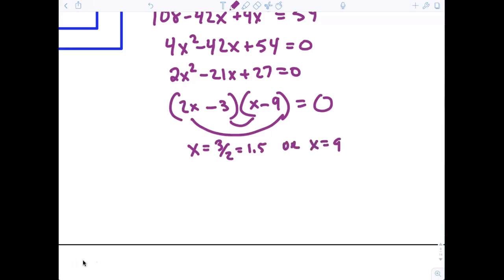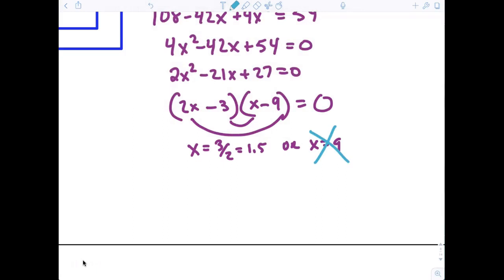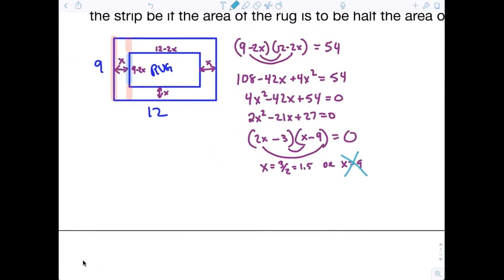Now you have to look up and tell me that this right here is an extraneous solution. How do I know it's an extraneous solution? Because it would be bigger than the room.